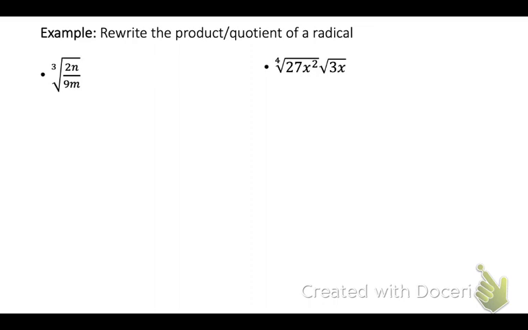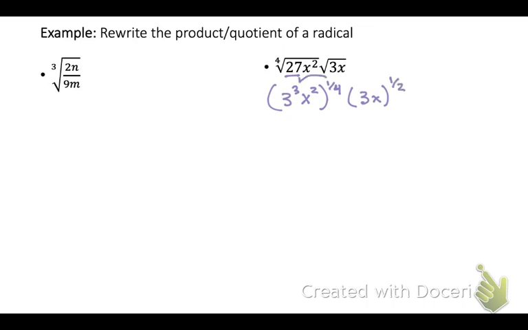Simplify the 27. So the 27 is 3 times 9, which would be 3 times 3 times 3. So it'd be 3 to the 3rd, x to the 2nd, all to the 1/4, yes. And then we would have 3x to the, no, 1/2. Okay.